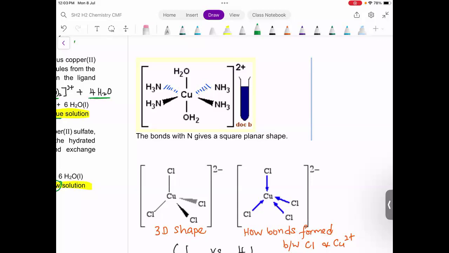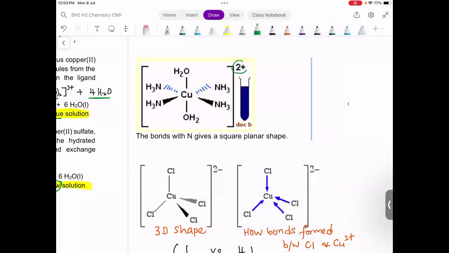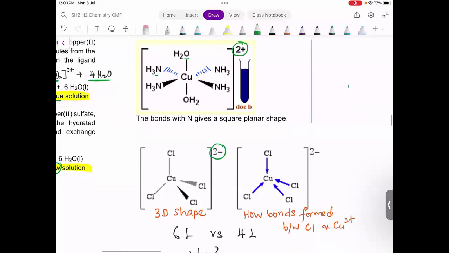Notice that the net charge is different. This one has a net charge of 2 plus because the ligands are all neutral, while this one has a net charge of 2 minus because the ligands carry minus charge. The diagram you give is also slightly different depending on what the question wants. If the question wants you to show a 3-dimensional shape, then it will be like this, tetrahedral shape, 3-dimensional.